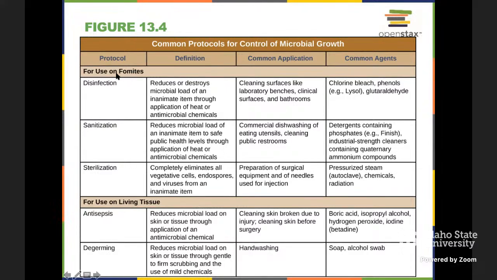So the first bit is for use on fomites. Fomites are basically all sorts of inanimate objects that we come in contact with. The car that we started with, all of those different touch points, your cell phone, whatever it may be, some inanimate object that gets touched, potentially leaving microbes on it.